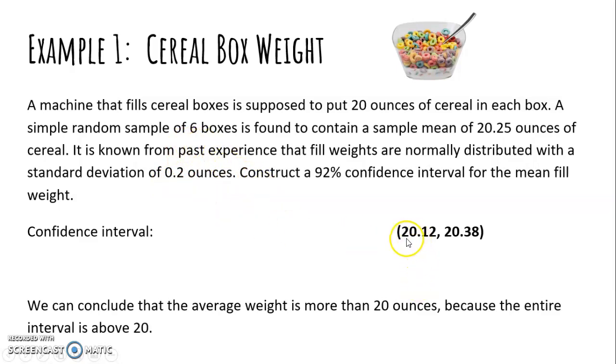And we found that the mean weight of the cereal was between 20.12 ounces and 20.38, and we concluded that the weight was over 20 ounces. They were overfilling the boxes of cereal, more than the 20 ounces it was supposed to be, because the entire interval was above 20.